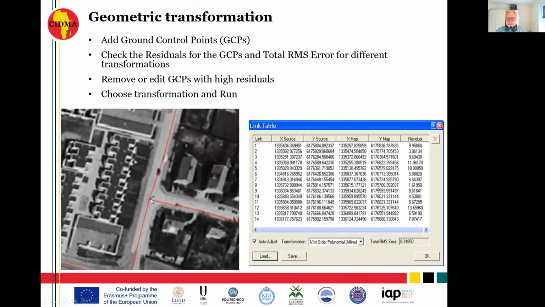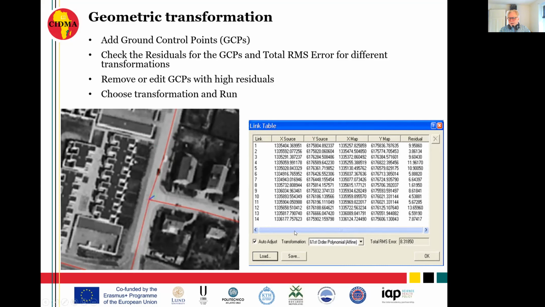It should be here, and this is then the residual, the error between the two coordinate systems. So we try to find corners or road connections, things like that, very sharp and defined places.